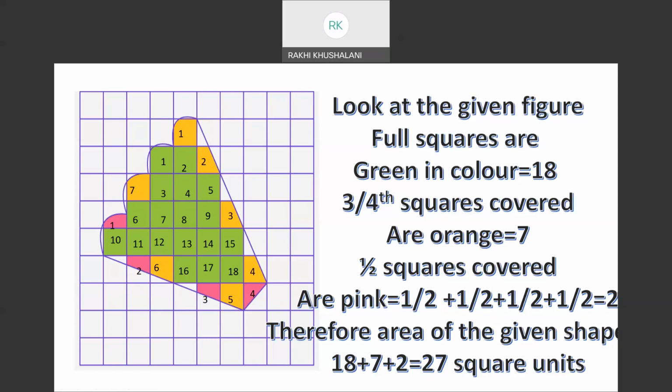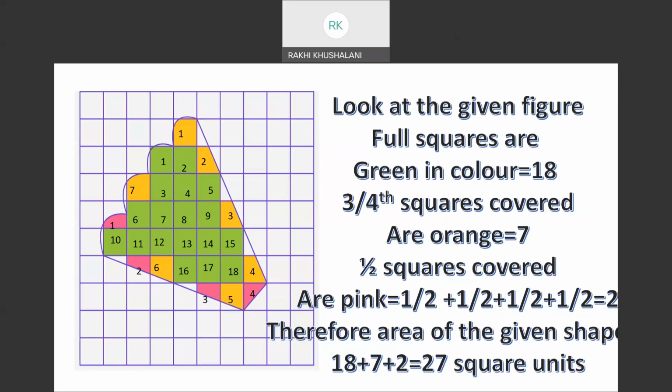2 actually. The other way is you can say half squares covered are 4, but you are going to count it as half of 4, that is 2. Children, I'm repeating it. You can consider half squares covered are pink, and they are 4 in number, but because they are half, we are going to take half of 4, that is 2.